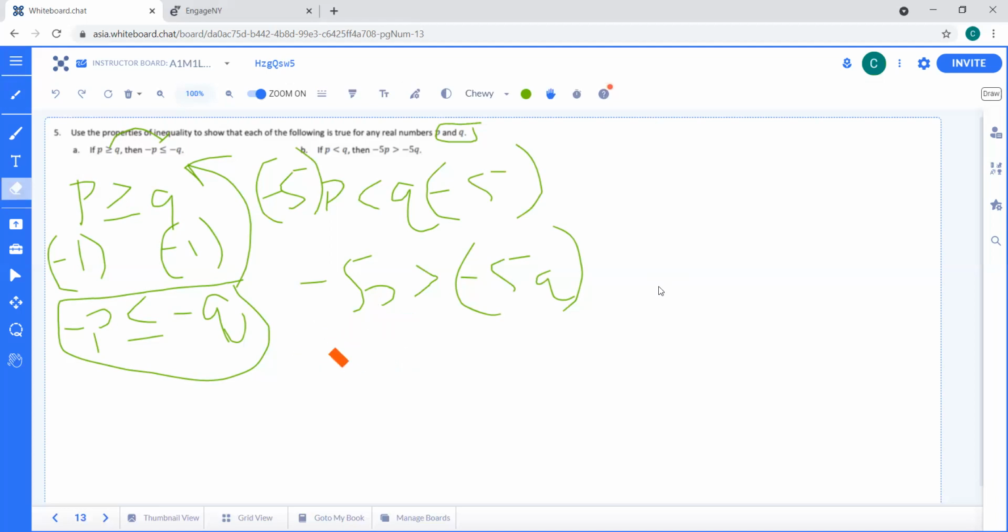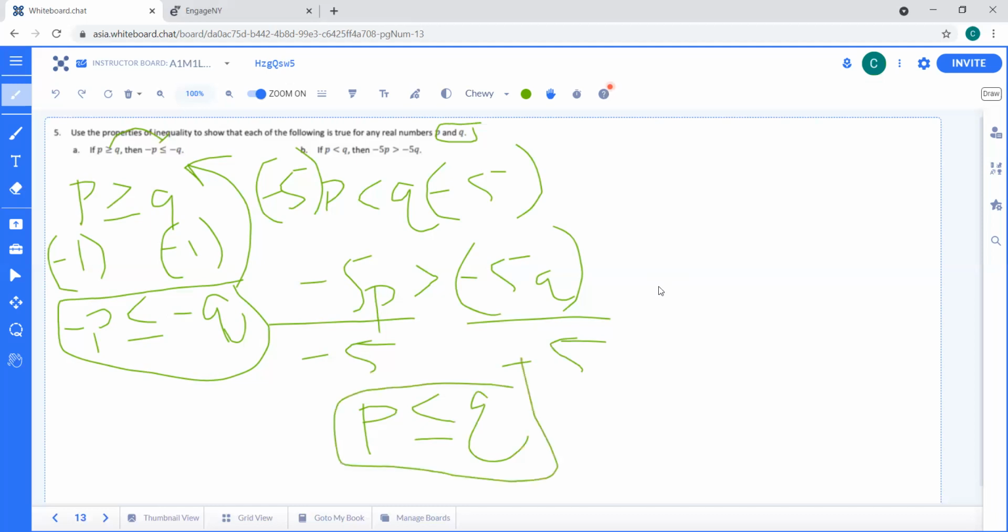I divide through by -5, I would flip the sign again, and that would be Q. So that's any real number. And we would throw that as equal to. So that could be any real number. Okay.